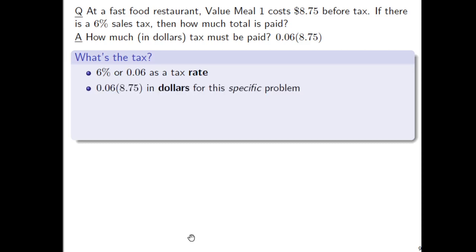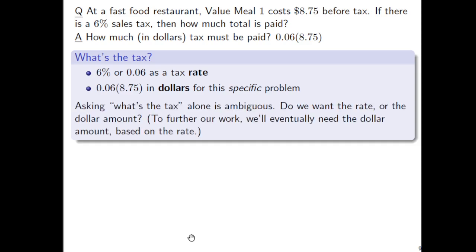When we need to know the tax in this question, specific to the fact that $8.75 is being paid before any tax is being paid, then the dollar amount of the tax, so in dollars, the tax is 0.06 times 8.75. So that's the amount of tax in dollars for this specific problem, even with a tax rate of 6%. Okay, so asking what's the tax alone is ambiguous.